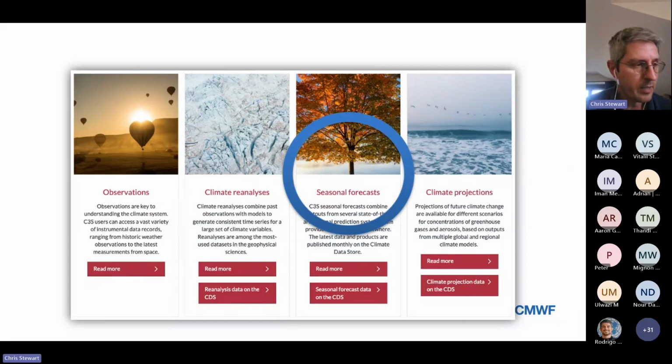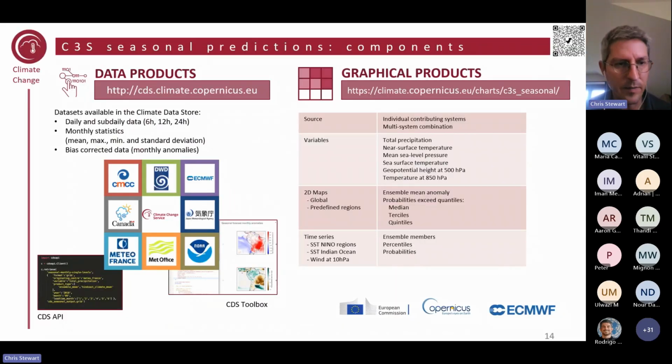Another type, just to mention, we also provide, so that's global reanalysis. We also provide regional reanalysis data sets at high resolution. Also seasonal forecast products. So these are forecasts of the future season. And what C3S does is it provides a multi-component system, from different providers, not just ECMWF, but also from different data providers.